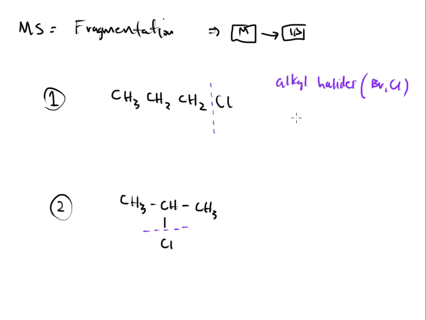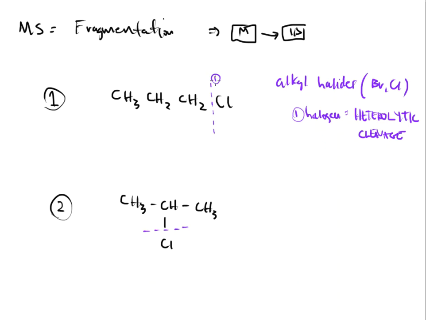And if it cleaves at the halogen, we have a special term for this, and we call this heterolytic cleavage. I forgot an A. Cleavage. So we have heterolytic cleavage that begins to happen.